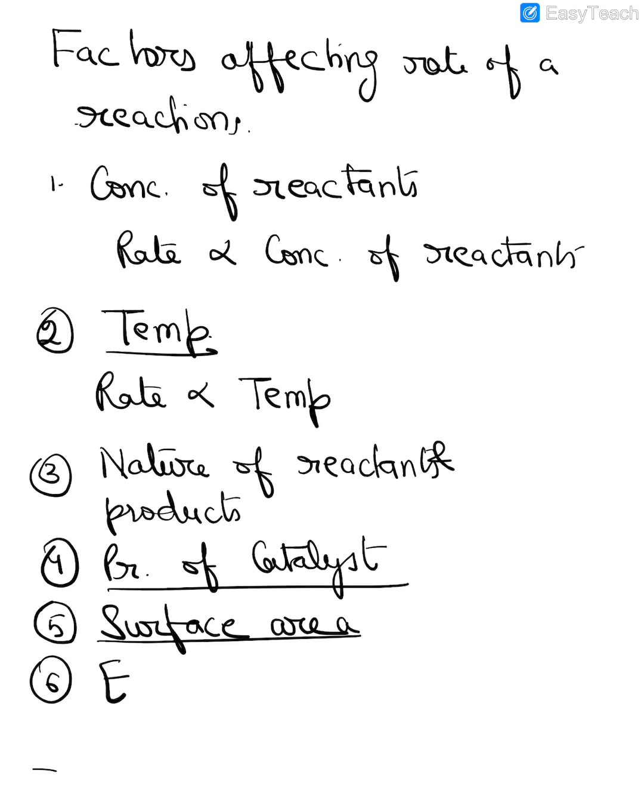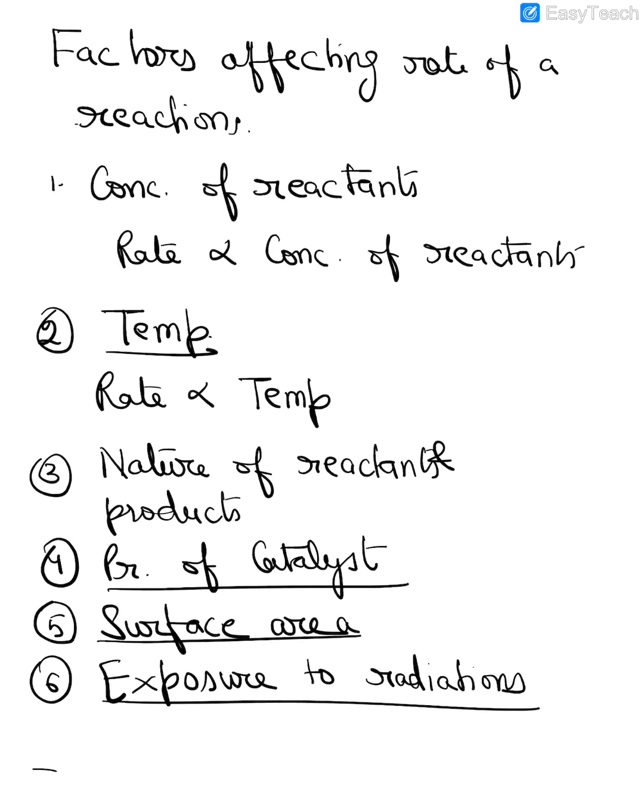Number 6, exposure to radiations. The rate of reaction always increases by use of certain radiations. So these are 6 factors which affect the rate of a particular reaction.